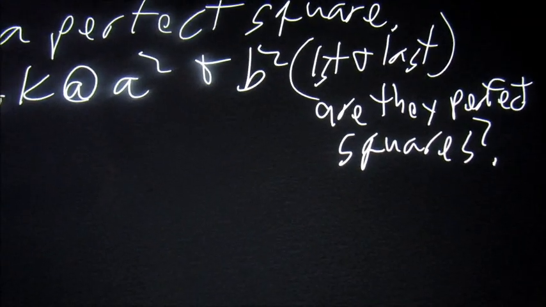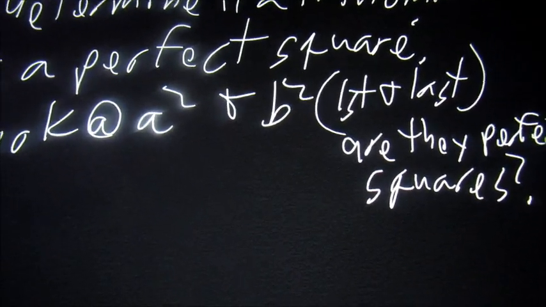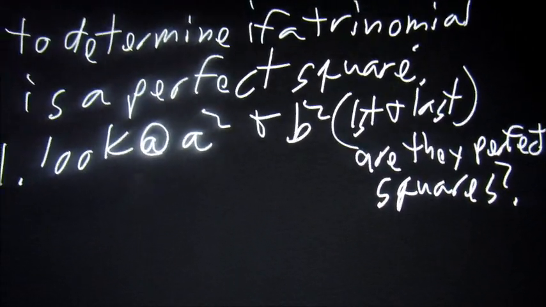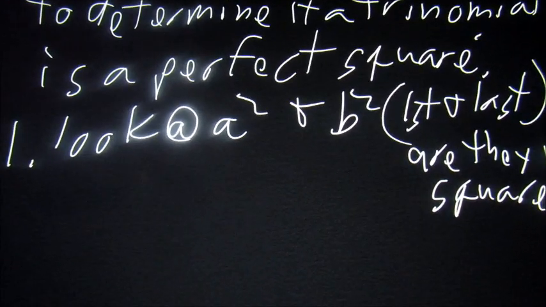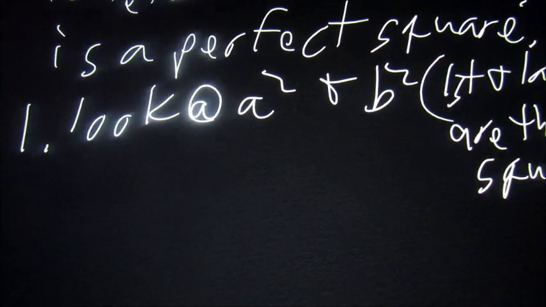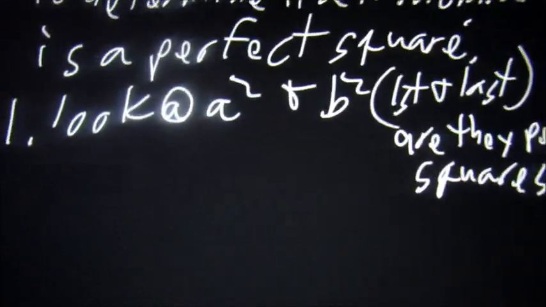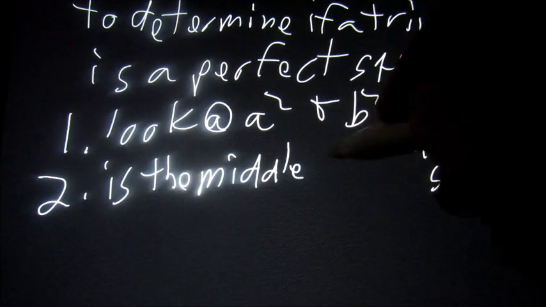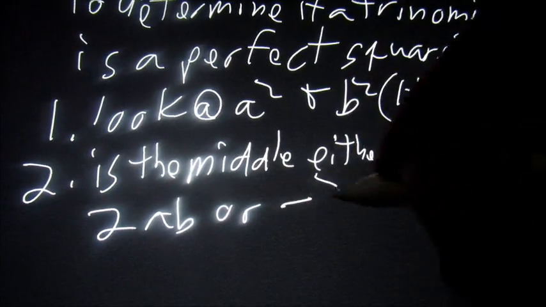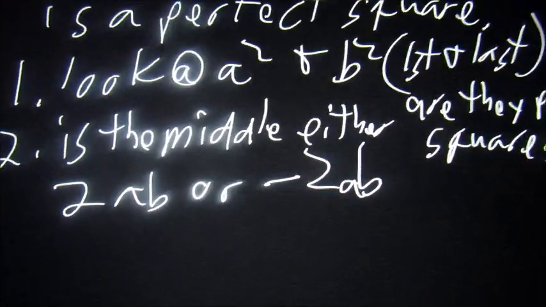So for instance, if you have x squared for the a and 9 for b squared, or let's say you had 4x squared for the first term and 64 for the last term. Those are all perfect squares. So then, is the middle term either 2 times a times b or negative 2 times a times b?